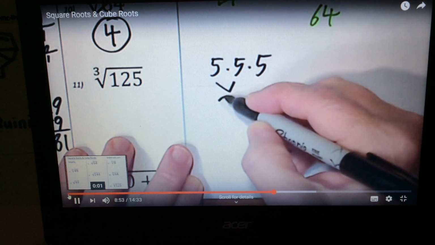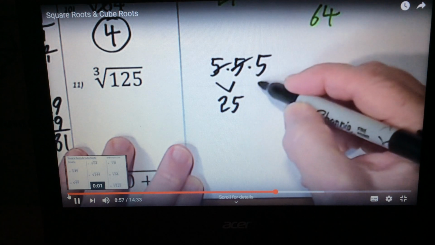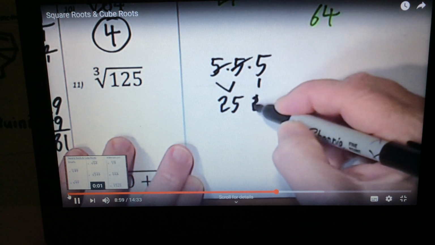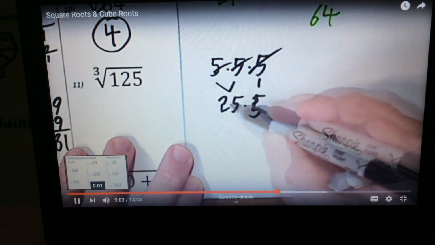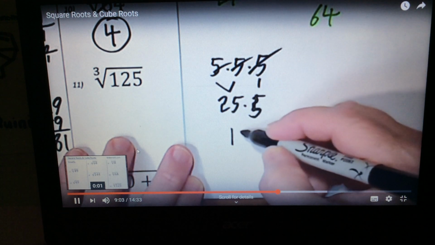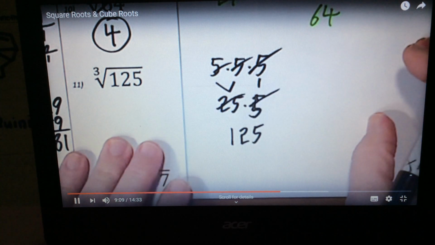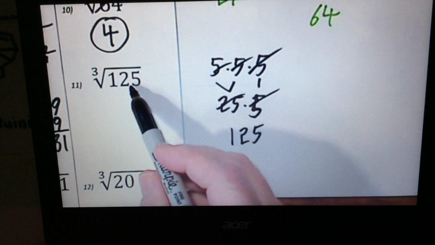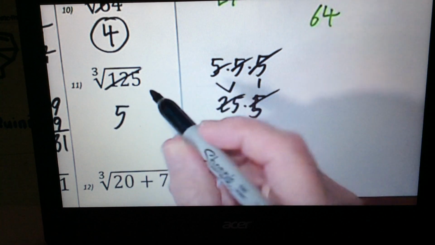This would be 25. Takes care of them. Bring this guy down. Sorry, that's a 5. And 25 times 5 is 125. Takes care of them. So the cube root of 125 is 5.